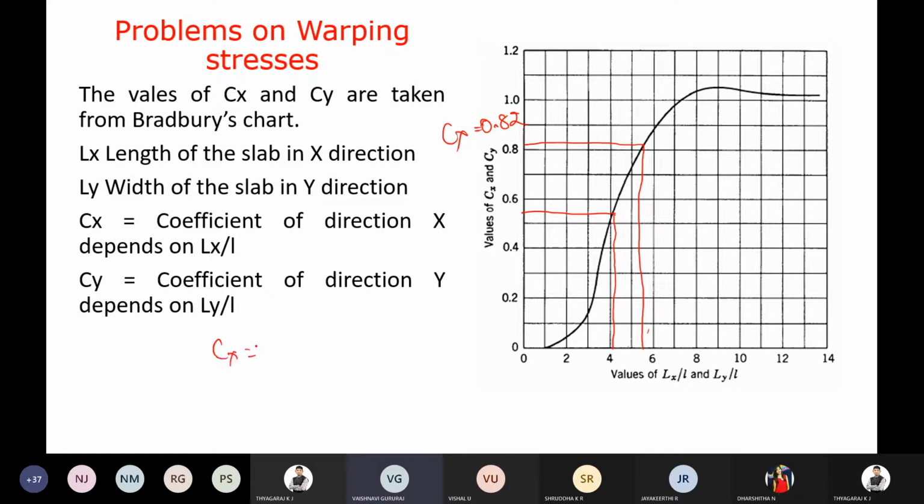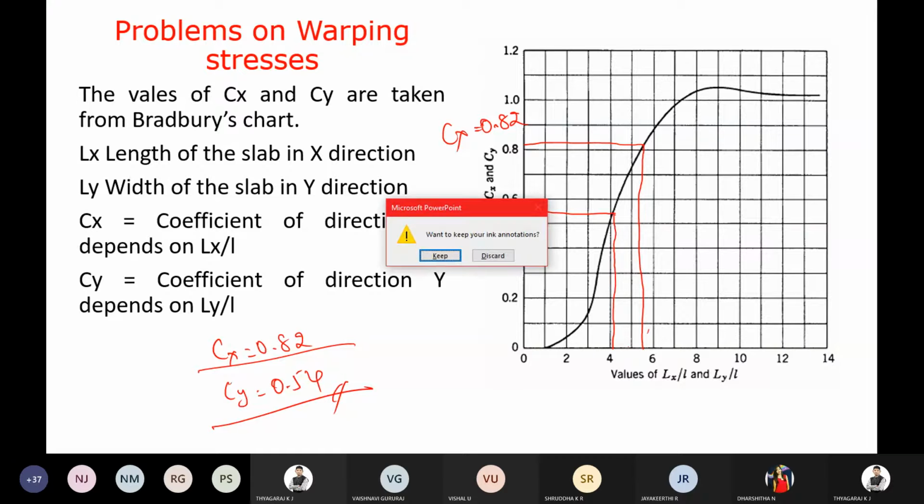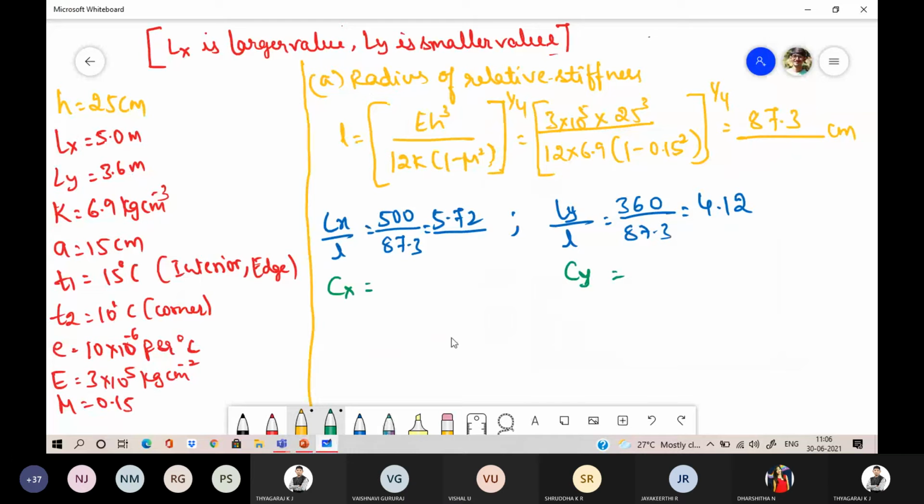So we can take Cx equal to 0.82, Cy equal to 0.54. Is it clear how to get the Cx and Cy value? Yes, sir. So Cx we are taking as 0.82, Cy as 0.54.